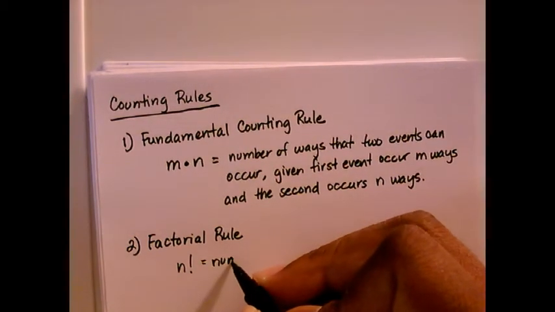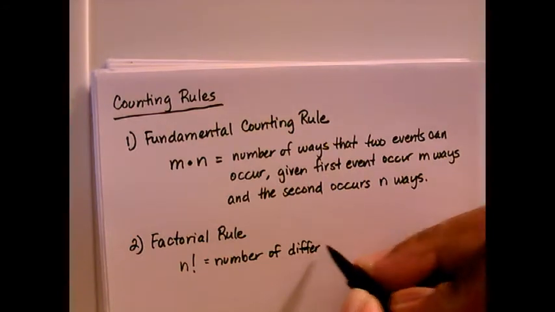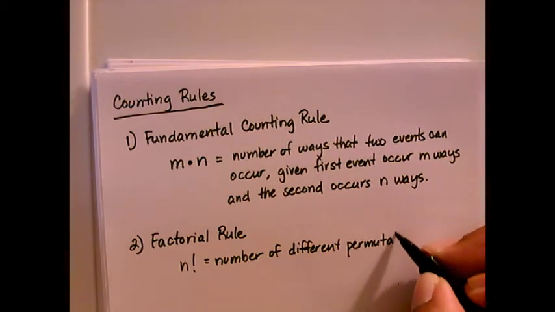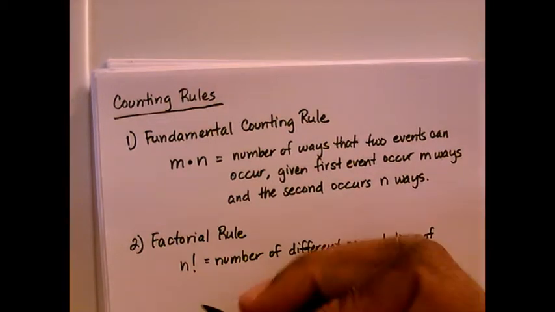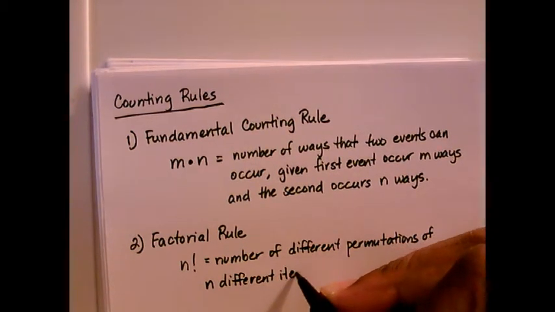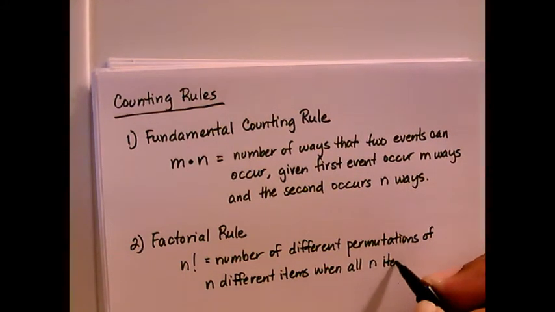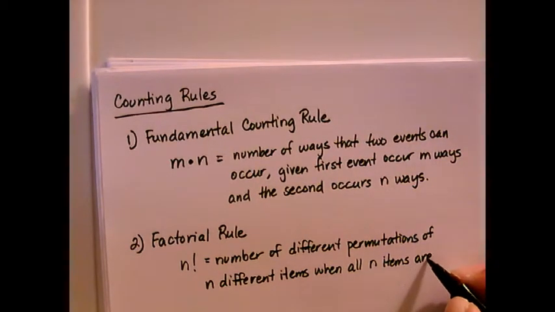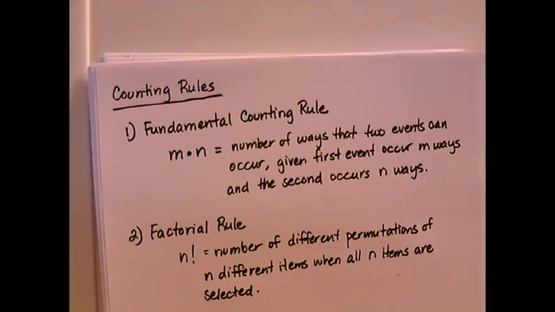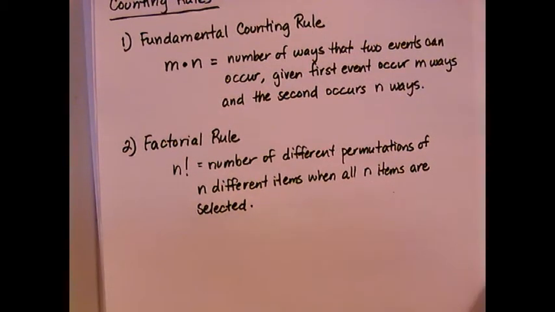And this represents the number of different permutations of n different items when all of the n items are selected. Okay.